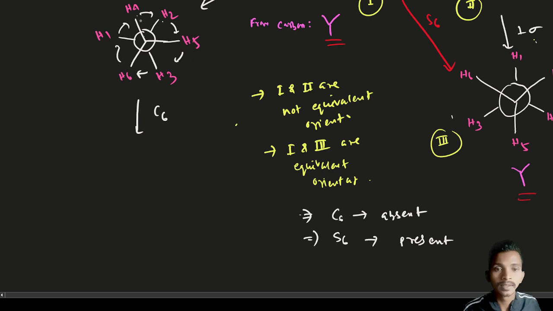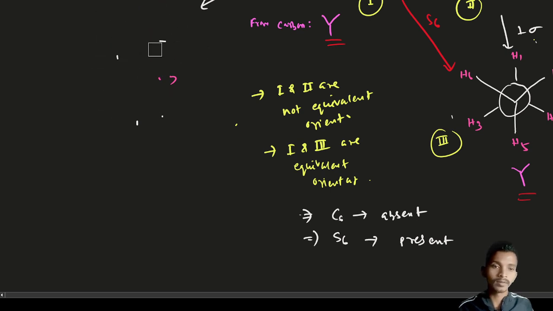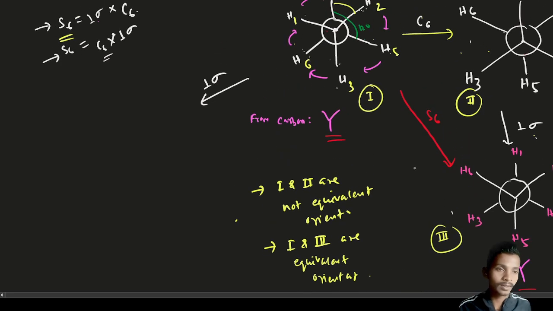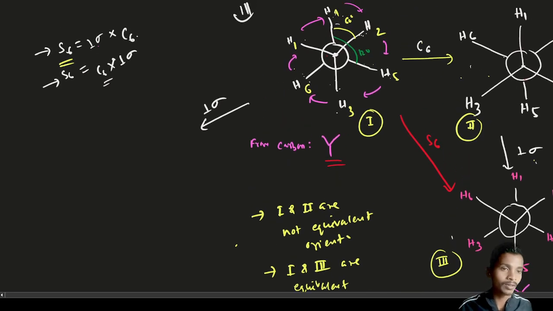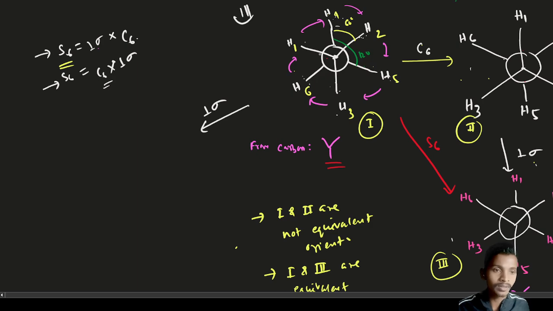Let's say the molecule is a little bit bent. Here I am applying the sigma to the molecule. If I have sigma, then this front carbon will go to the back, which means this straight y becomes back y, and straight becomes inverted.